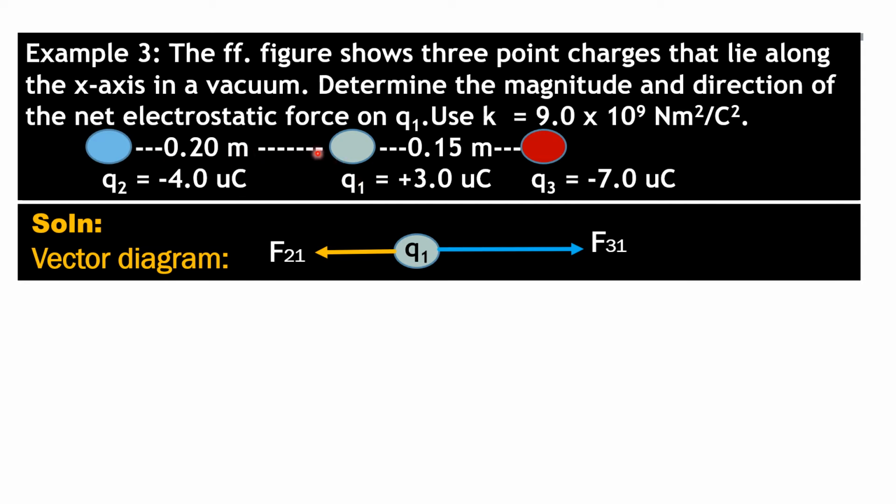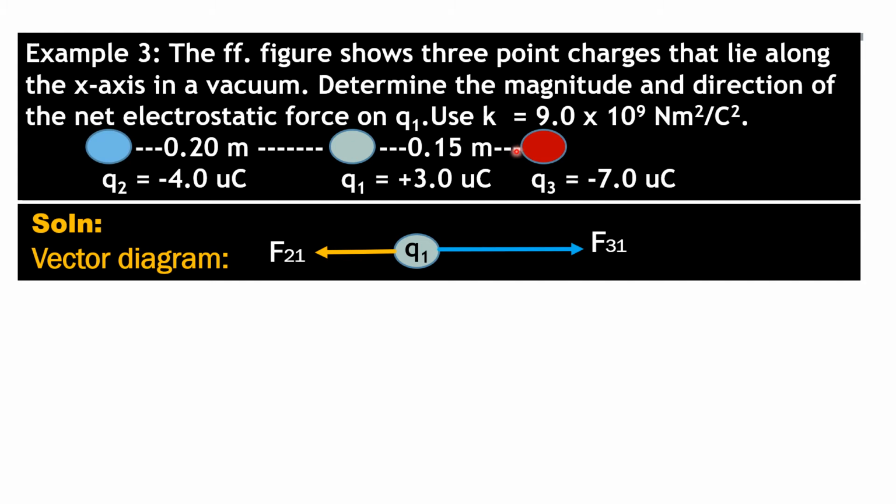To the right of Q1, of course, we have the third charge, Q3, whose charge is equal to negative 7.0 microcoulomb. And we also indicate the distance between Q1 and Q3, which is 0.15 meters.